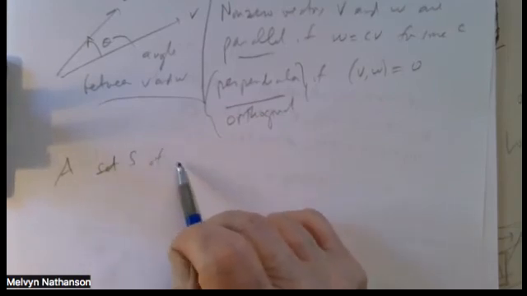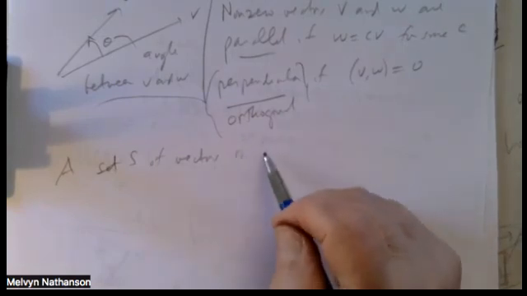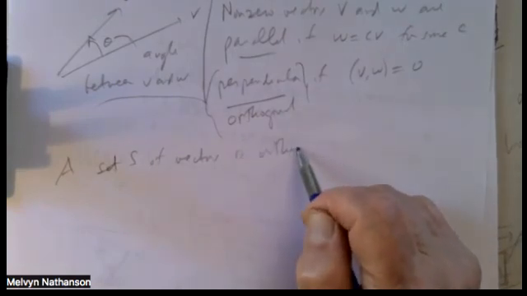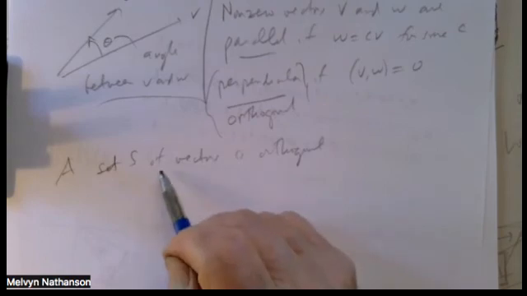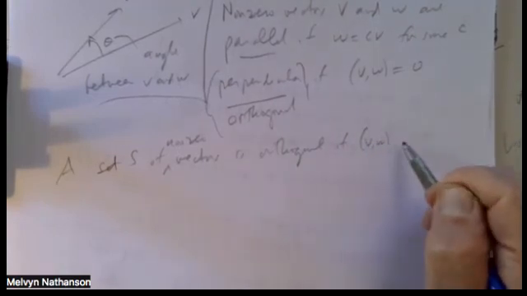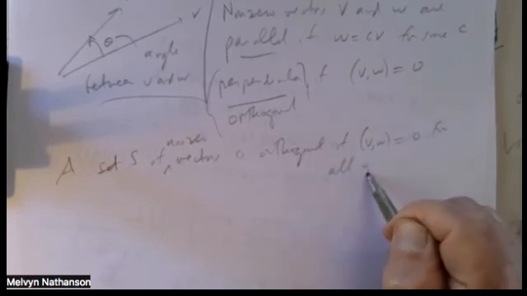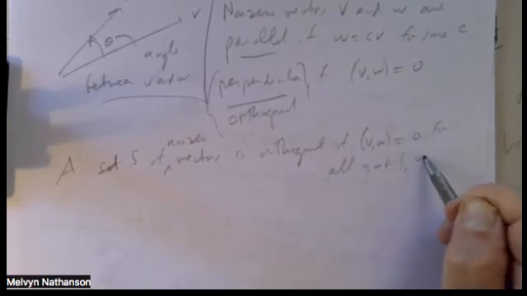A set S of vectors is orthogonal, a set S of non-zero vectors, if every pair of them are orthogonal or perpendicular. So the inner product of v and w is 0 for all v and w in S, v different from w.